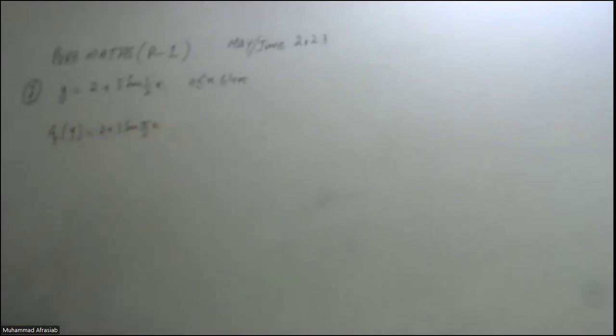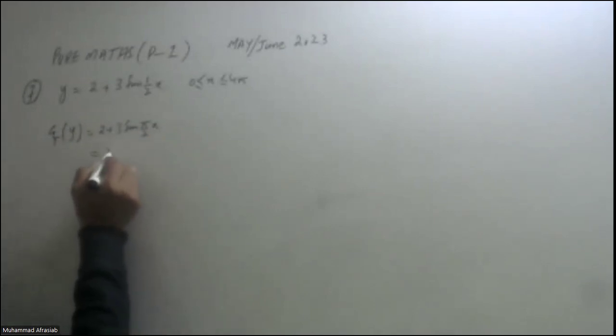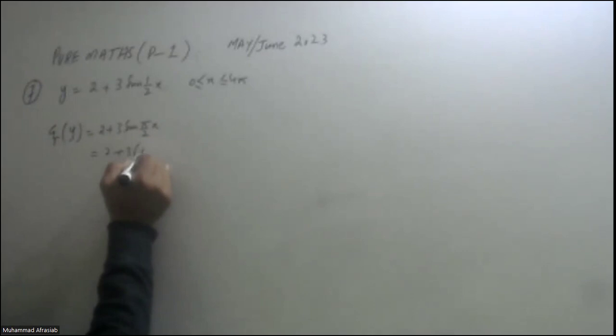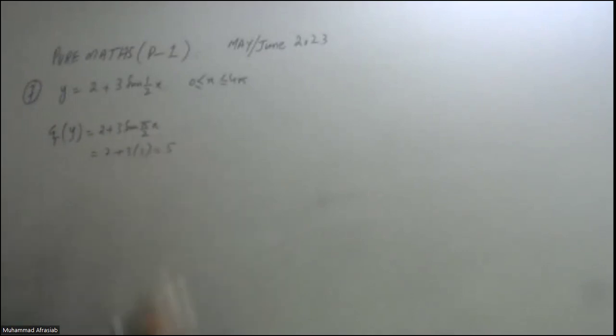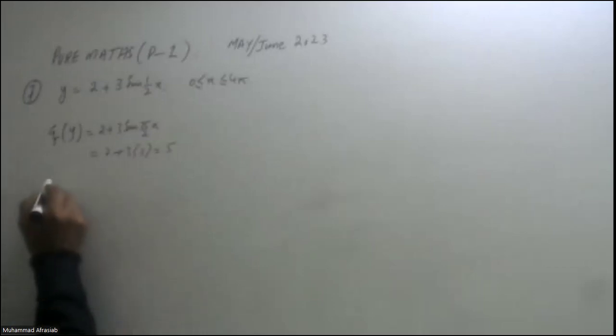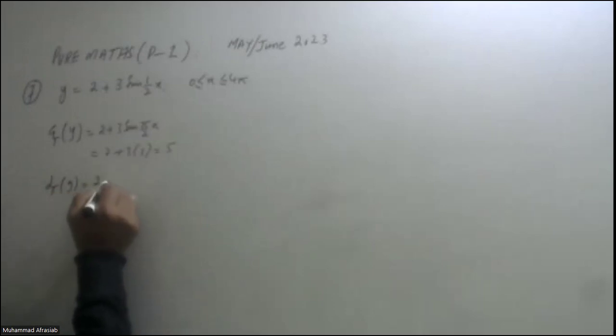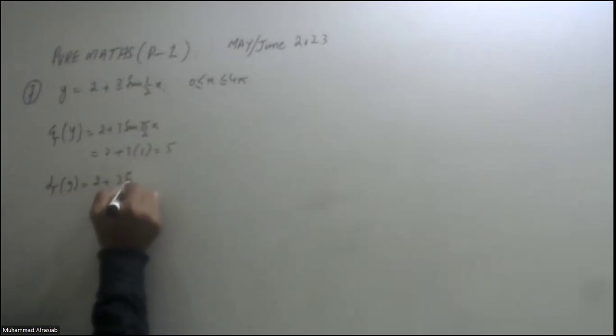So we put x is equal to pi here. That is 2 plus 3 into 1, which is equal to 5, the greatest value of y. And then the least value of y will be equal to 2 plus 3 sine of half x.